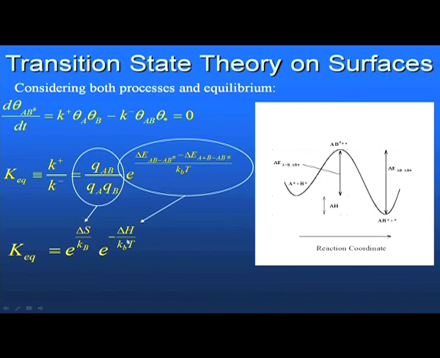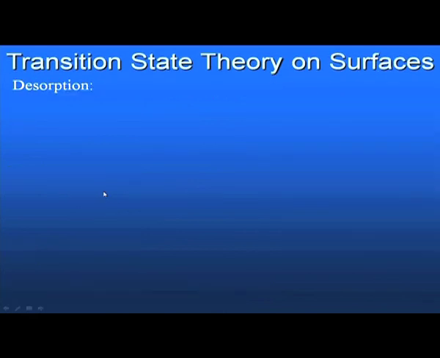And therefore, this energy difference term can directly be related to the heat of reaction, and this ratio term can directly be related to your entropic term. Okay. So, that is why the equilibrium constant can alone be determined from the initial and final state partition functions.